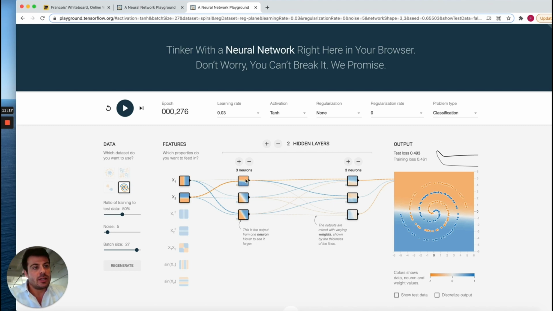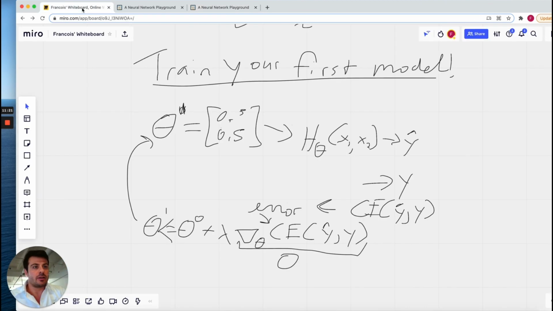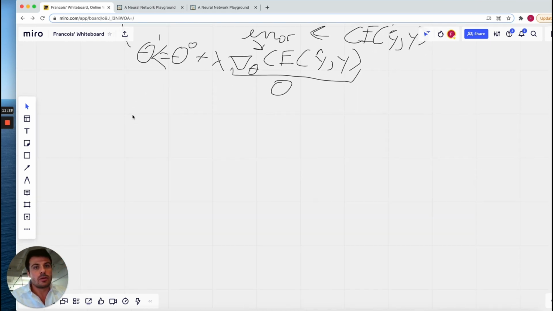Now let's go back to here. You have your x1 and your x2. Let's call this x right there. Then I'm going to have my first layer, which I'll call theta 1.